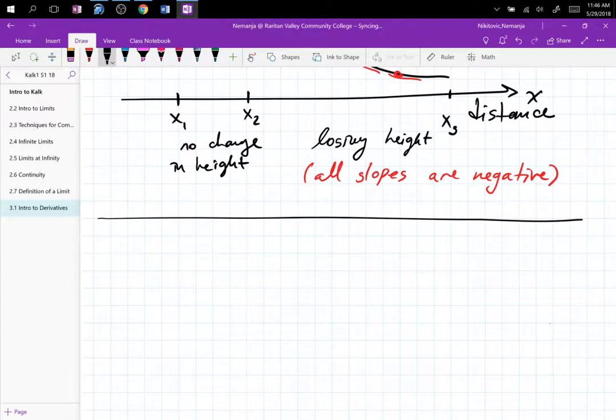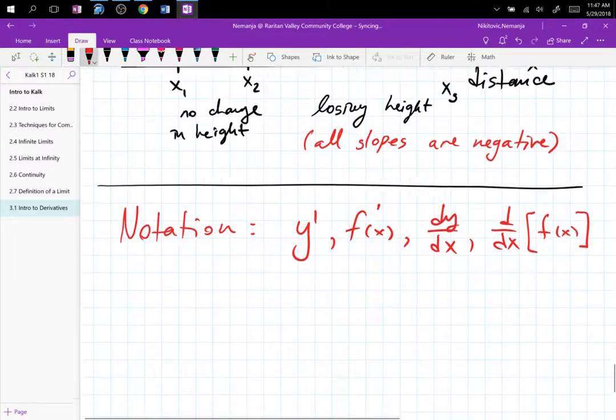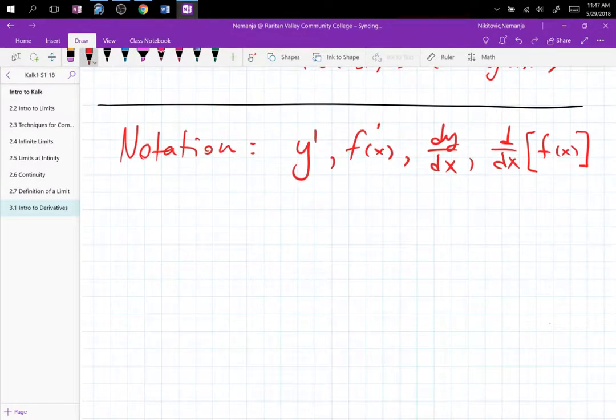So let me go into notation mode for a second. The derivative is denoted by y prime or f prime of x or dy dx or d dx of f of x. There are many more notations than this.